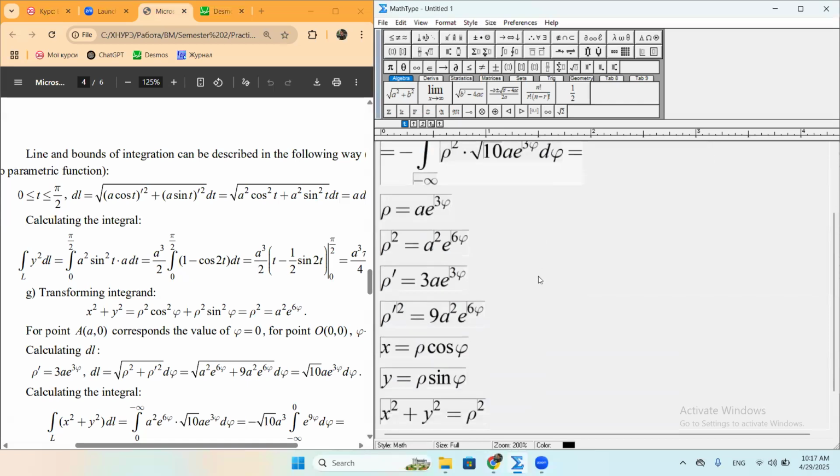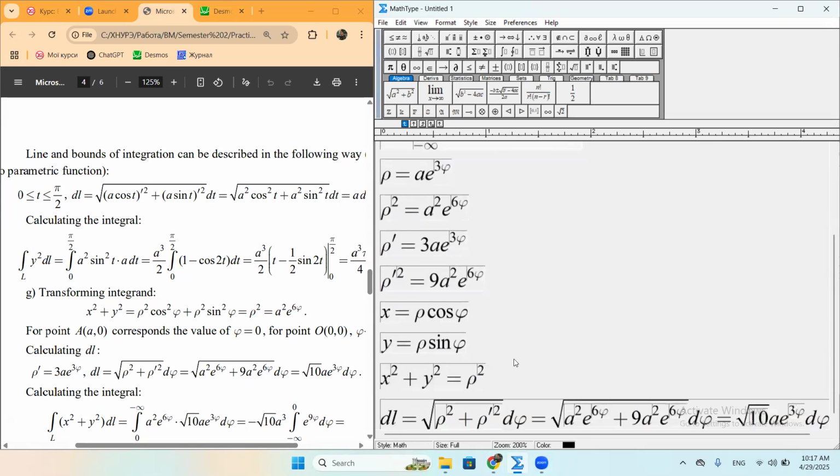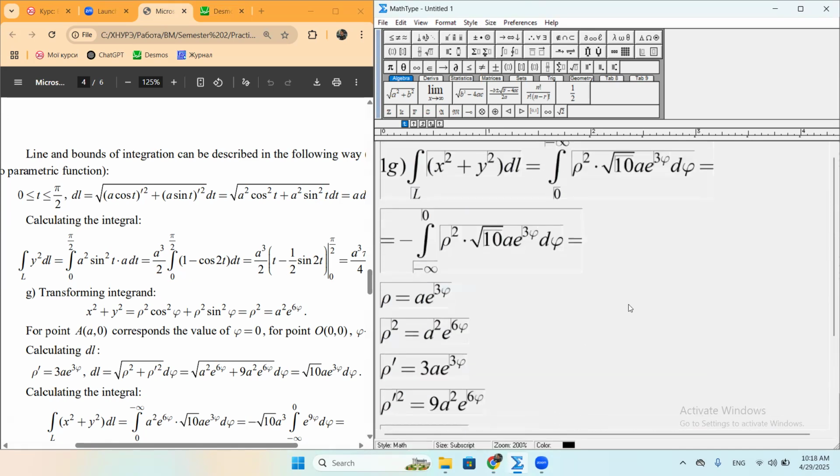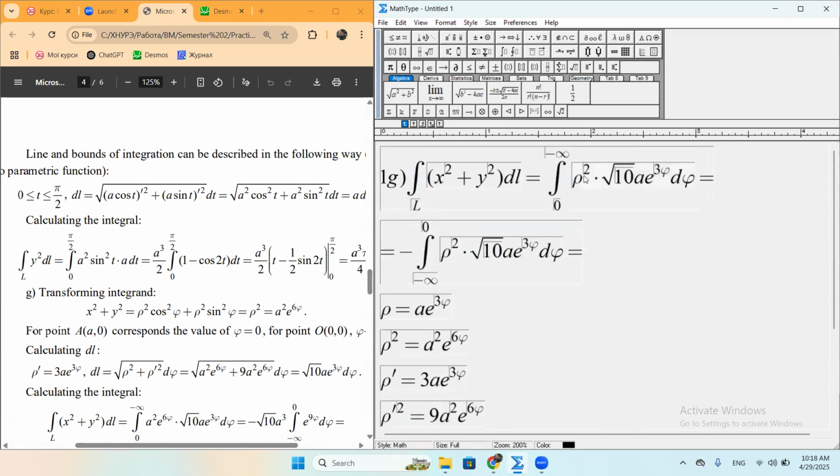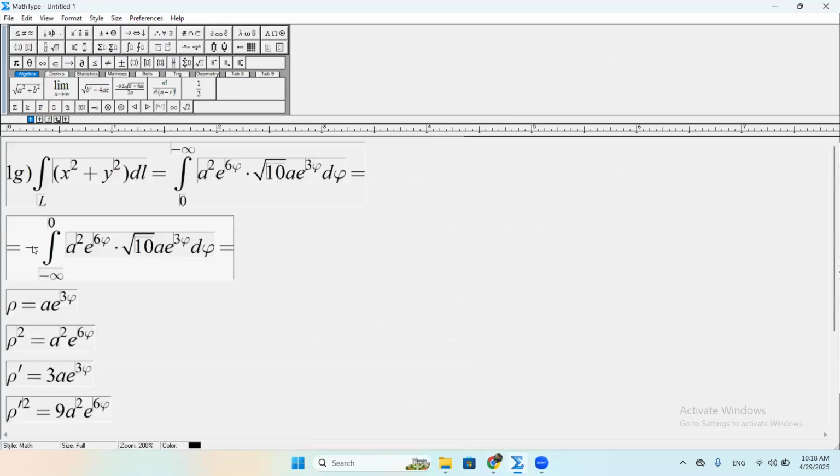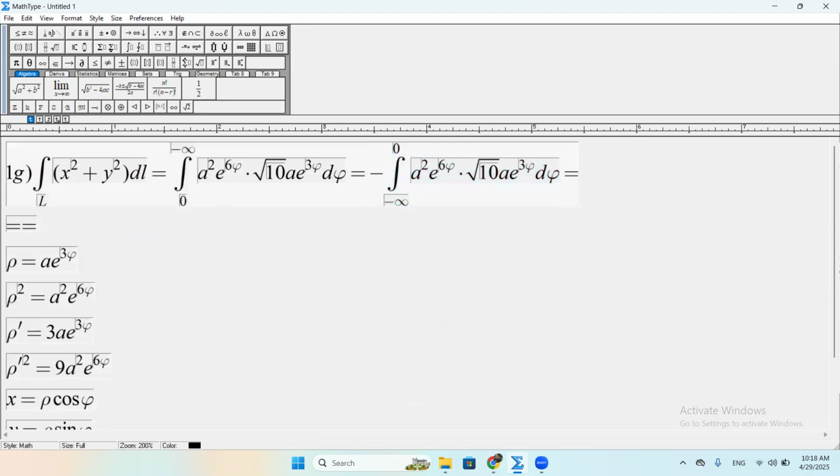By the way, instead of rho, what will we substitute? It will be a square e in power of 6 phi. So that is what we substituted instead of rho. Now let's simplify. I will move square root of 10 and a cube out.